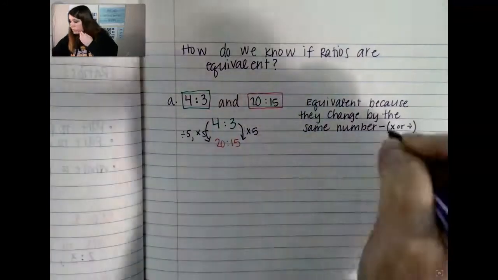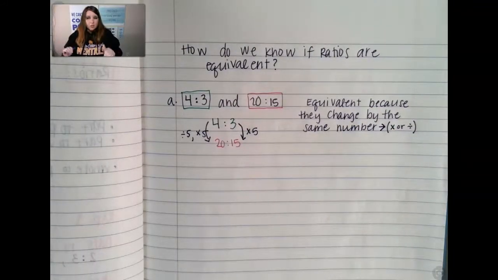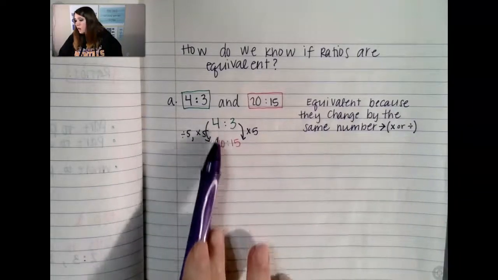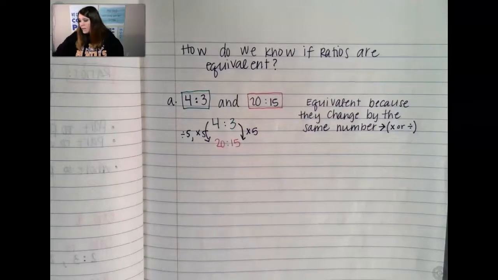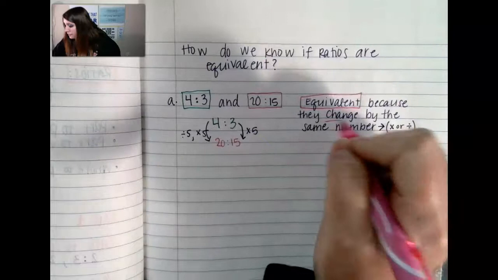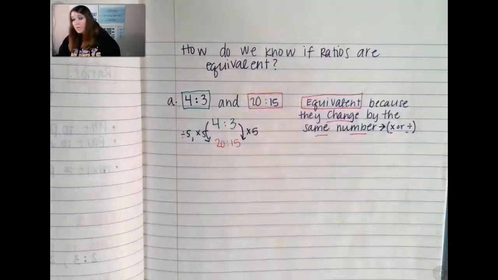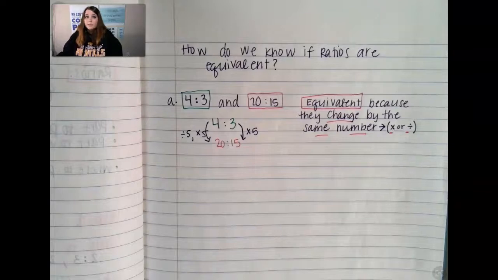Okay? We do not want to look at addition or subtraction. So these two ratios are equivalent because their change is driven by the same number. And we're looking at either multiplication or division.